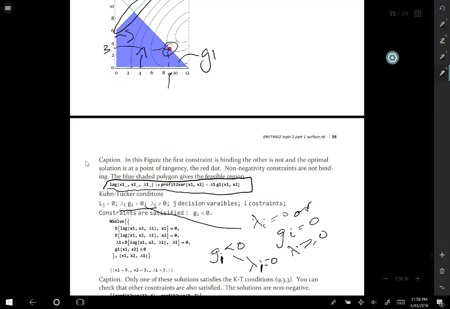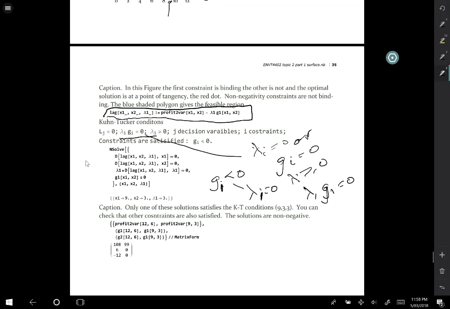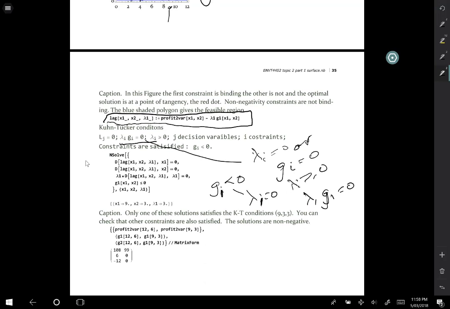So together, when you multiply these two together, you get L1 times G1, the constraint, and they equal 0. If instead you've got a constraint and the constraint is exactly binding, so in this case G1 would equal 0, so it's binding, and in that case it is likely that the Lagrangian multiplier will be greater than 0.